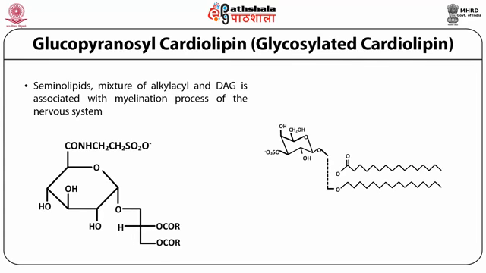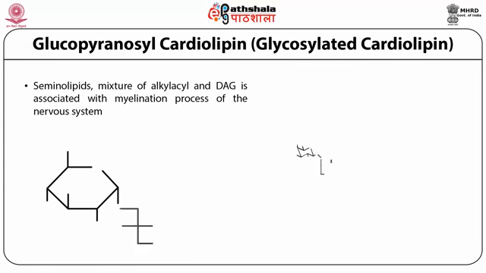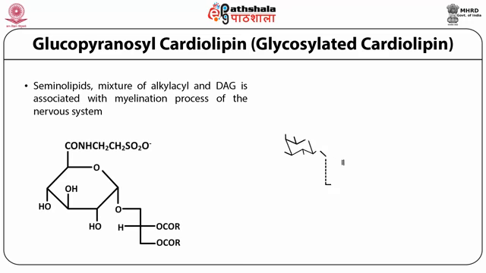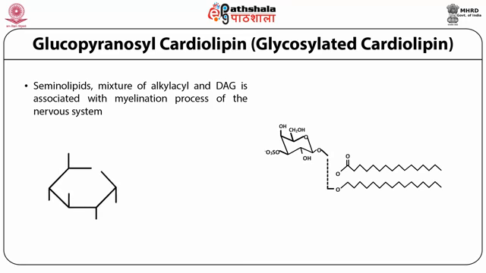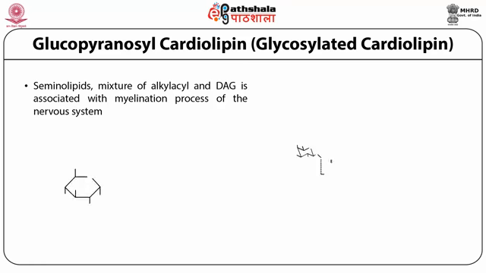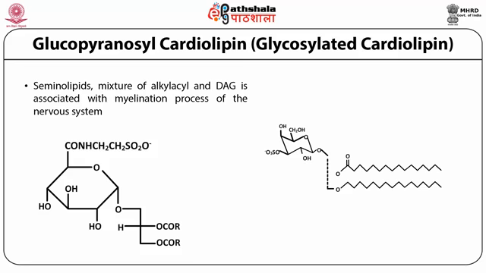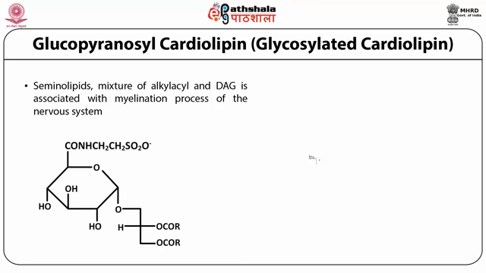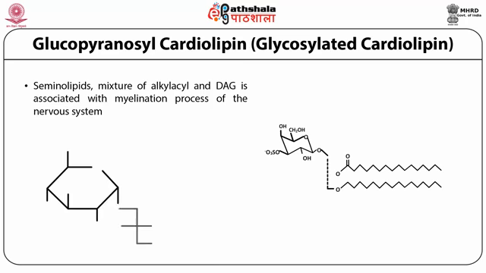Seminolipids, which are a mixture of alkylacyl and diacylglycerol, are associated with the myelination process of the nervous system.